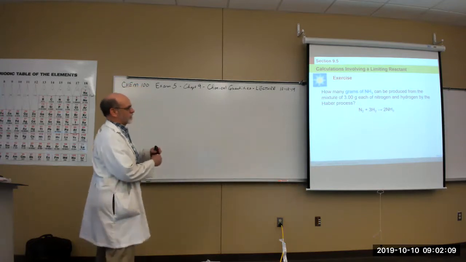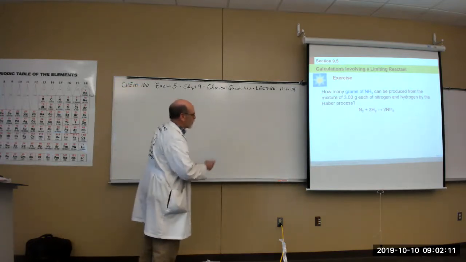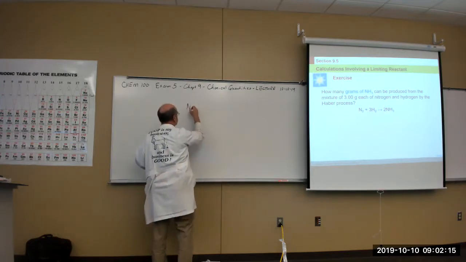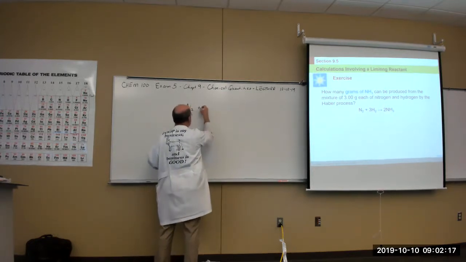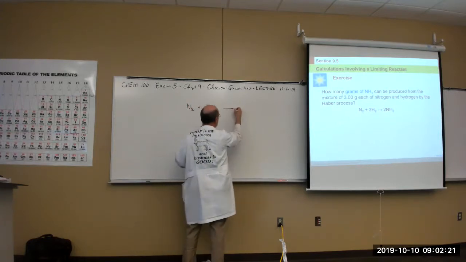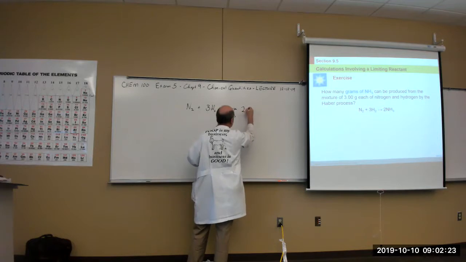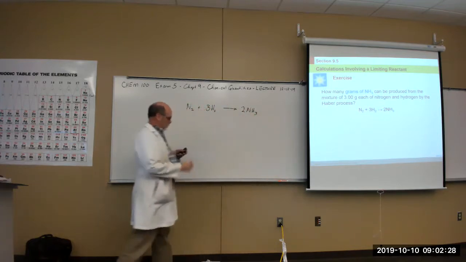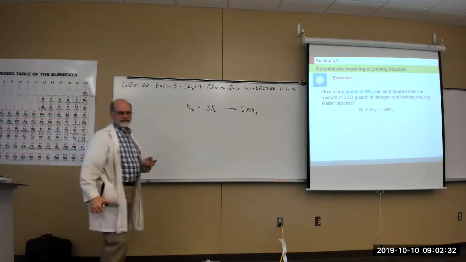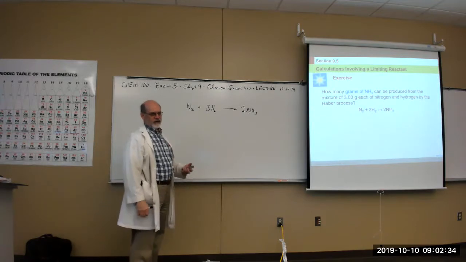This is good. Okay, so here's our Haber process. Actually, it's Haber-Bosch. Haber came up with the idea before World War I, because the Allies were starving Germany of guano from Chile, which is what they used to make their gunpowder.